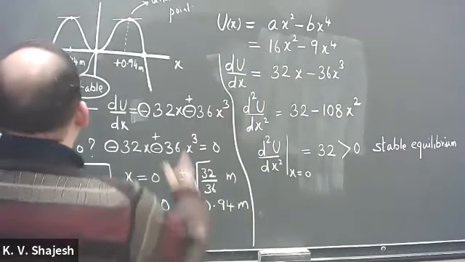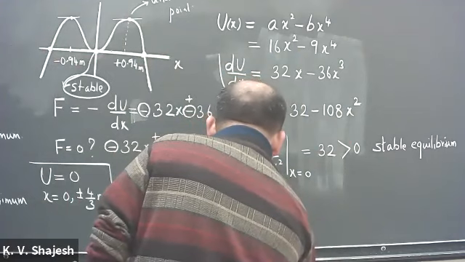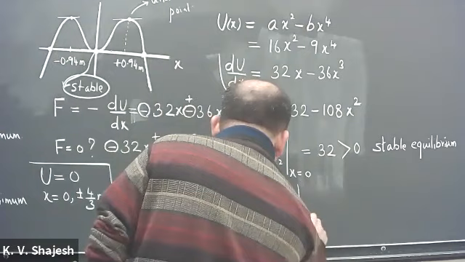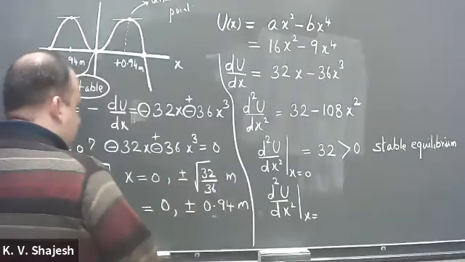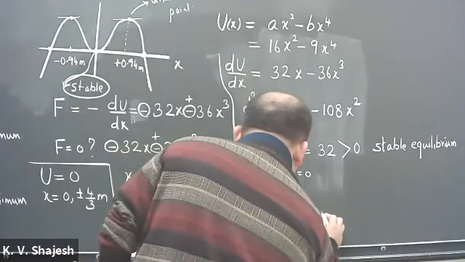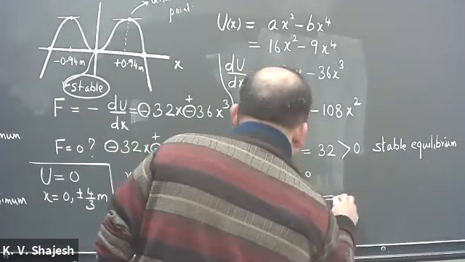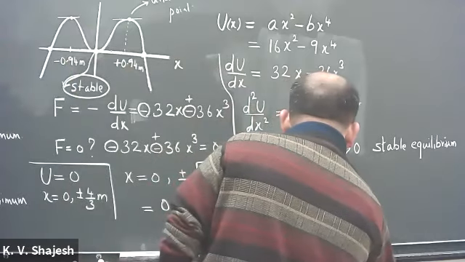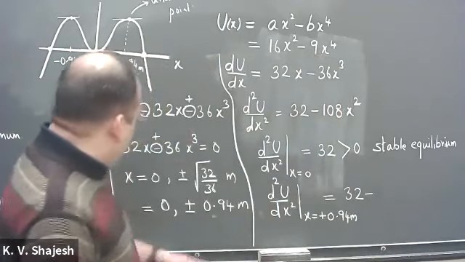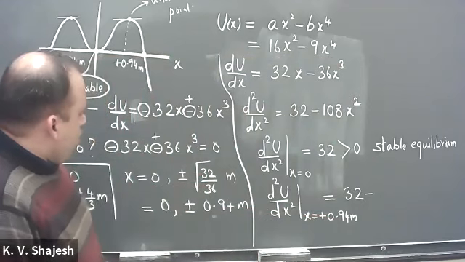Let's do this for the other point. Let me say second derivative of u with respect to x evaluated at x equal to, what was the other point? That's 0.94, or let me say this is plus 0.94 meters, and that comes out to be equal to 32 minus, since it's an x squared, I will have to square the 0.94, which is nothing but 32 over 36.